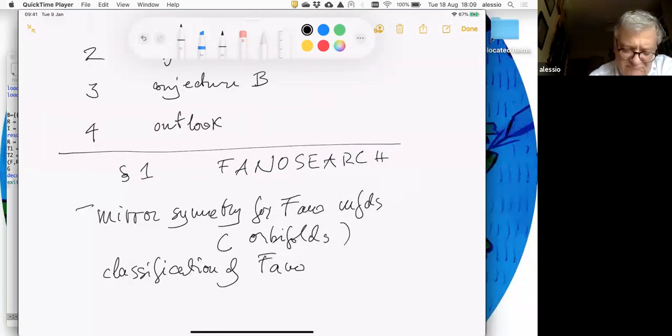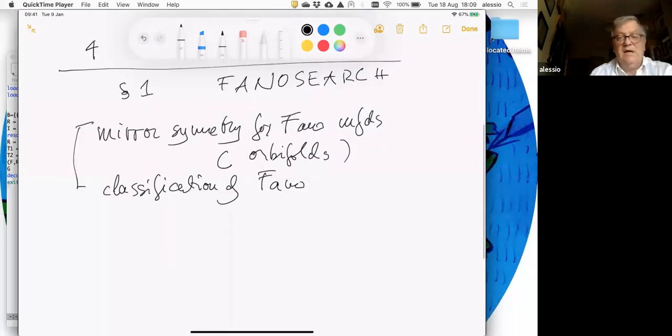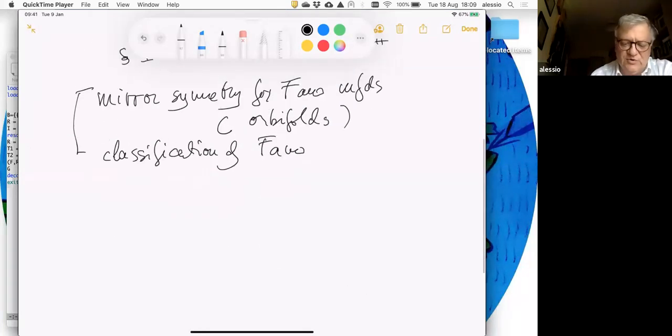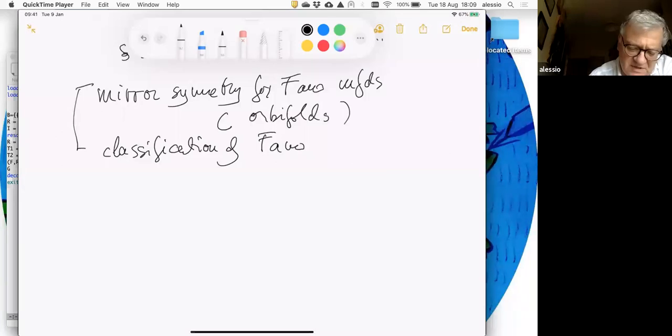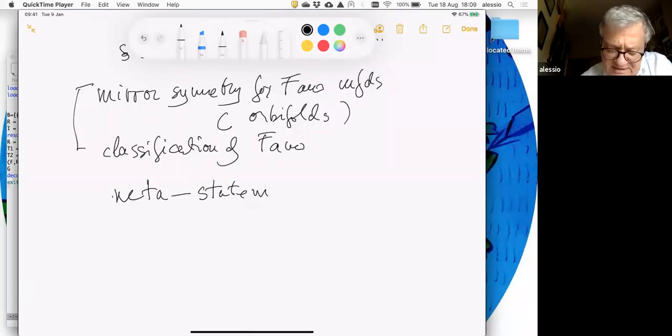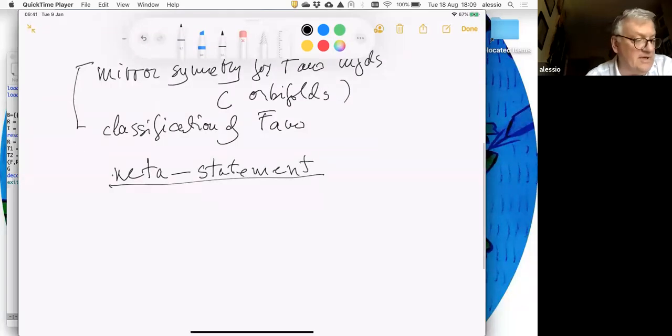So here's some sort of meta statement that we have a lot of evidence for in several different contexts. The meta statement goes a little bit like this.